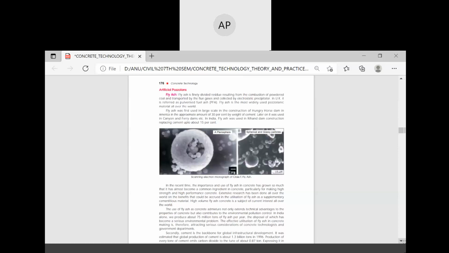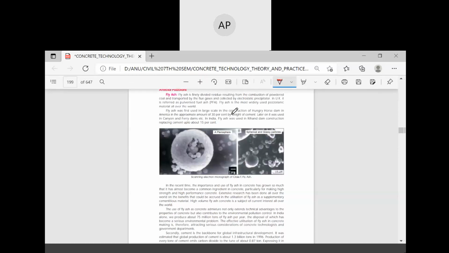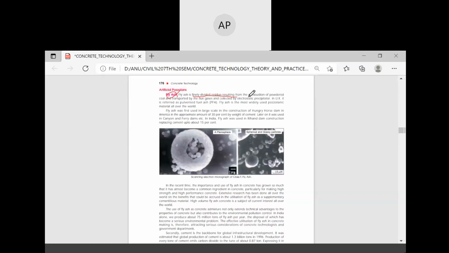So here fly ash is given. What is fly ash? It is a finely divided residue resulting from the combustion of powdered coal. Generally, in coal production, we collect the fly ash, which is transported by the flue gas and collected by an electrostatic precipitator. Scanning electron micrograph of class F fly ash.